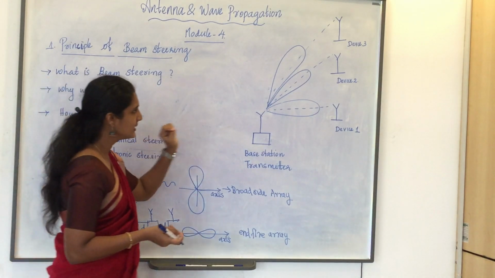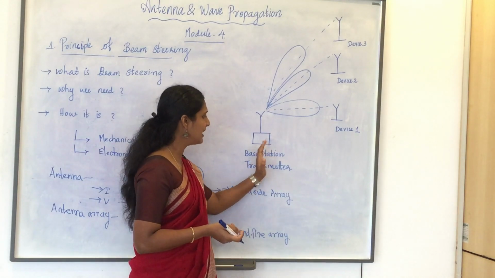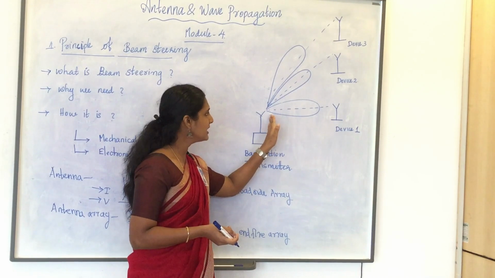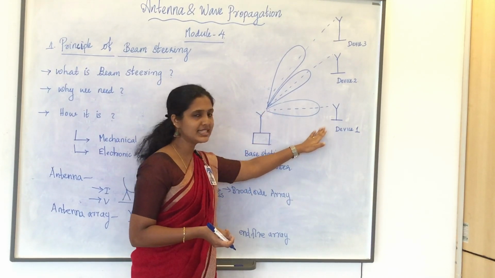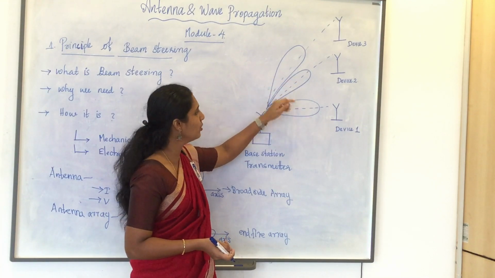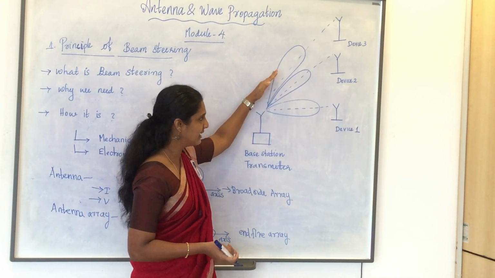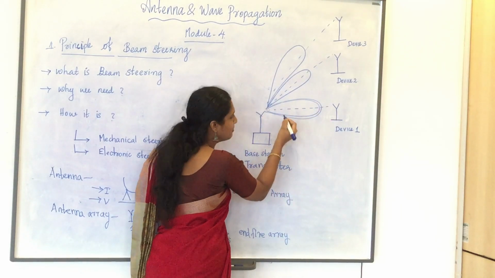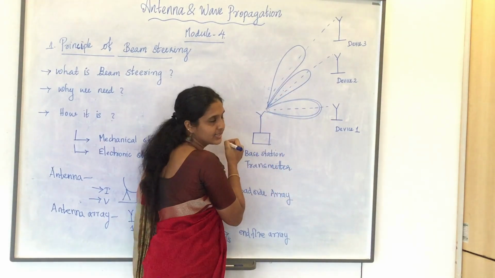Consider this base station transmitter. There is a device 1, and the antenna beam is connected to this device. If we want to connect to another device also, we just steer this beam, that means change this beam to another device.